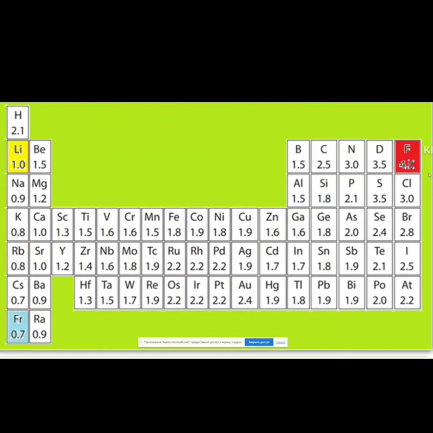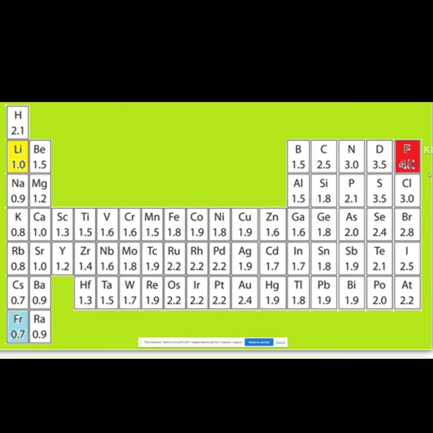So lithium was just set as 1, and all the others were made in comparison. Beryllium was 1.5 times stronger, so they made it 1.5. Hydrogen 2.1, etc. Fluorine is 4. It was 4 times more electronegative than lithium, so its electronegativity was considered as 4.